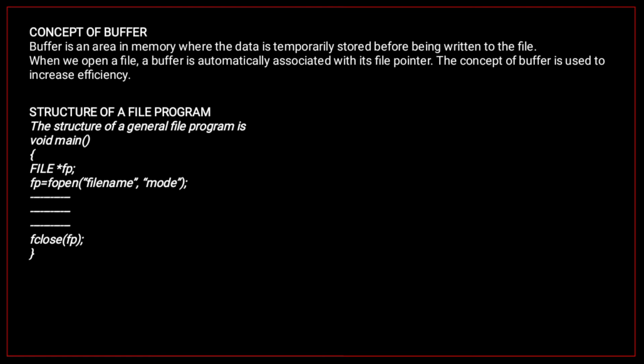The structure name FILE is defined in the file stdio.h that contains all information about the file like name, status, buffer size, current position, end of file status, etc. In this structure, a file pointer is a pointer to a structure of type FILE. When a file is opened, a structure of type FILE is associated with it, and a file pointer that points to this structure identifies this file. The function fopen is used to open a file.